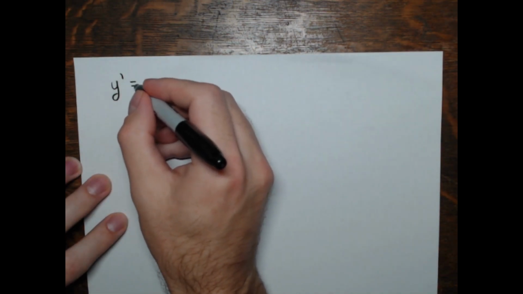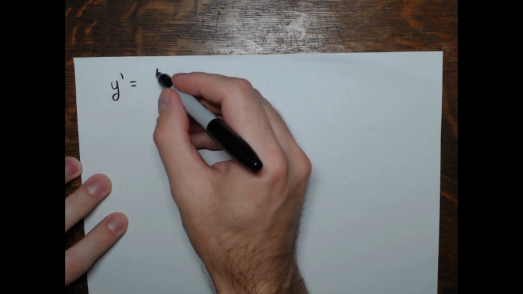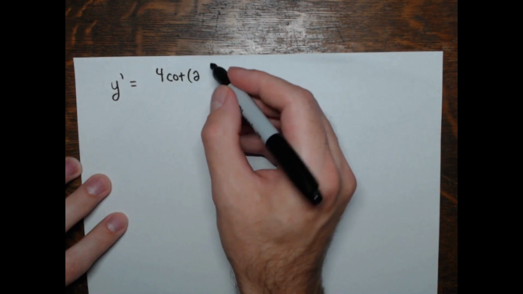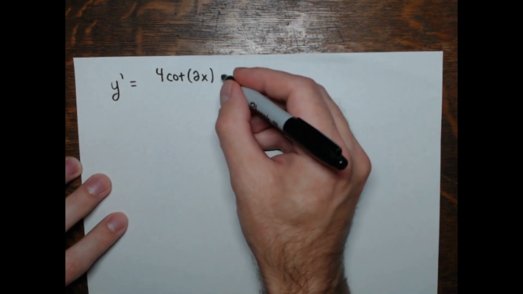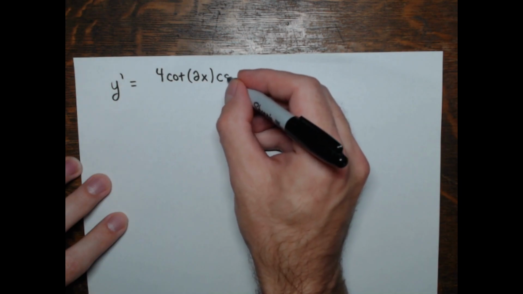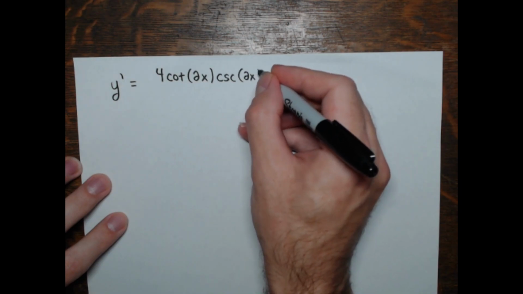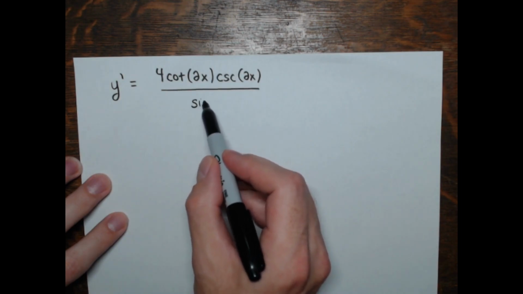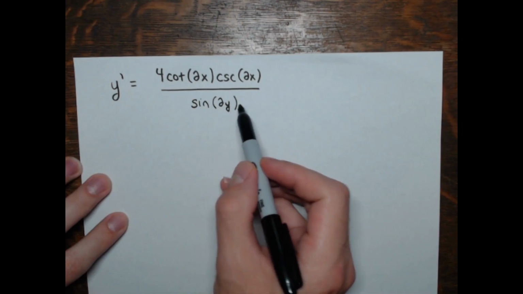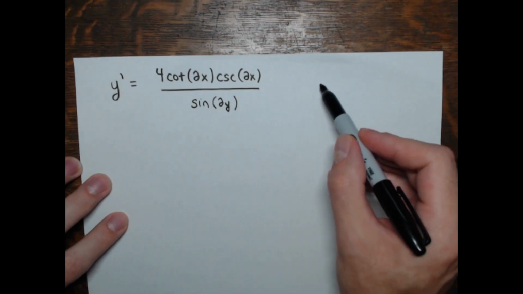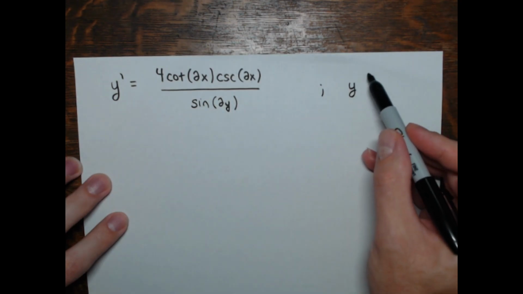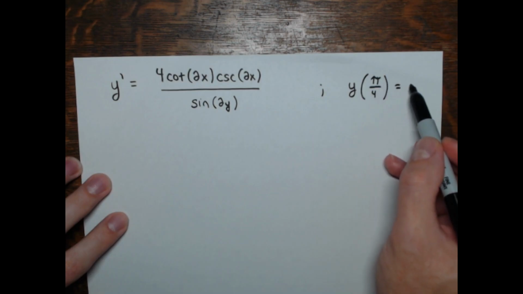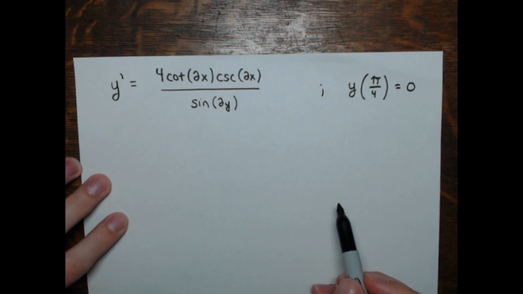Here's the equation: y prime equals 4 times the cotangent of 2x times the cosecant of 2x, and then divided by the sine of 2y. And then your condition is the value of y when x is pi over 4 must be 0.